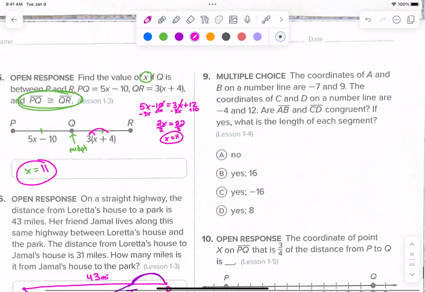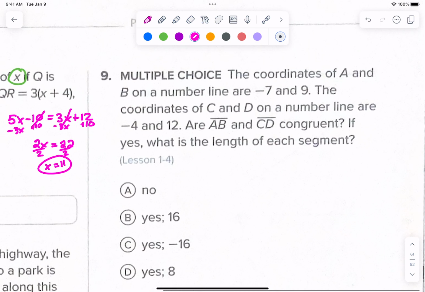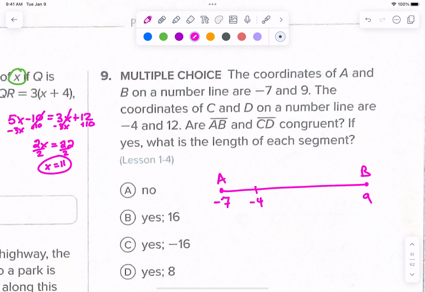Am I going too fast? Not fast enough? Sure? You don't necessarily have to draw a picture, but I'm gonna. The coordinates of A and B on a number line are -7 is A and 9 is B. C and D on a number line are at -4, that's C, and 12, so I gotta extend my line out. 12 is D. Are AB and CD congruent?